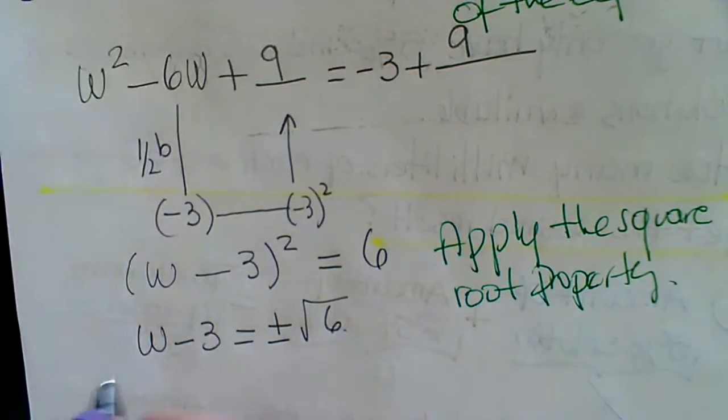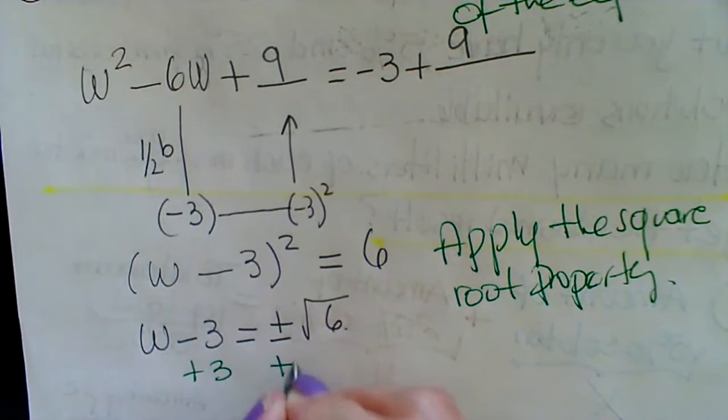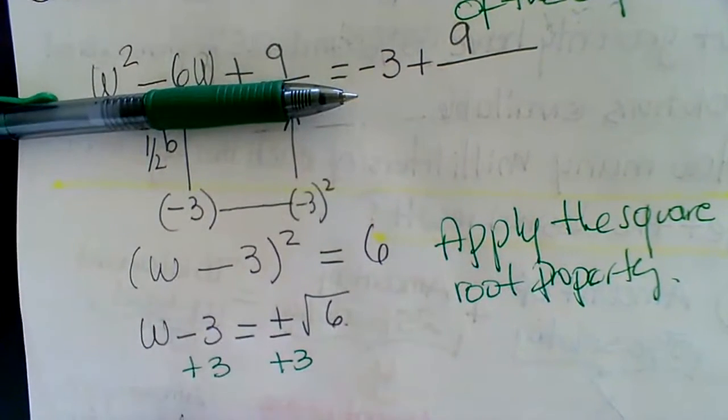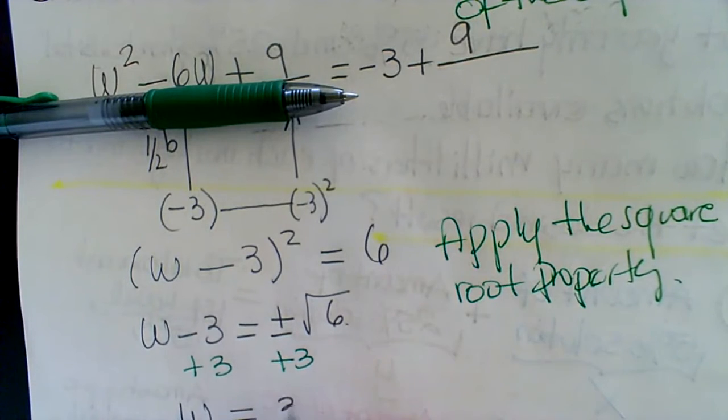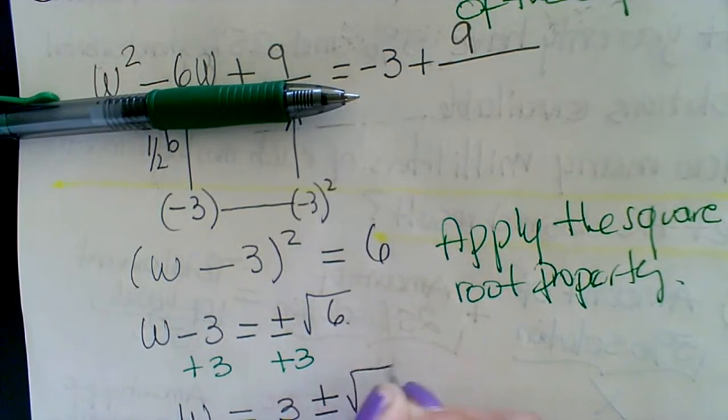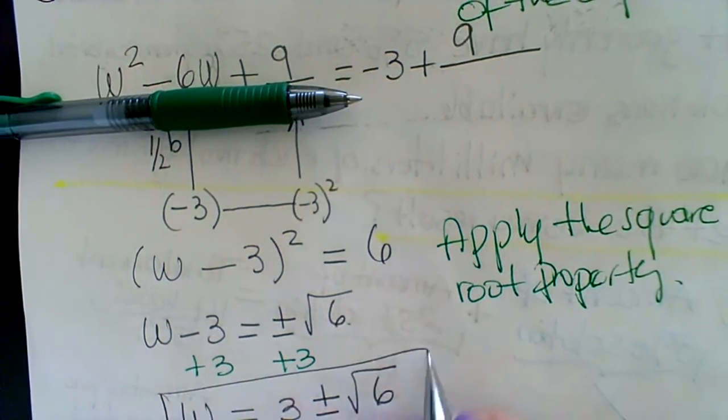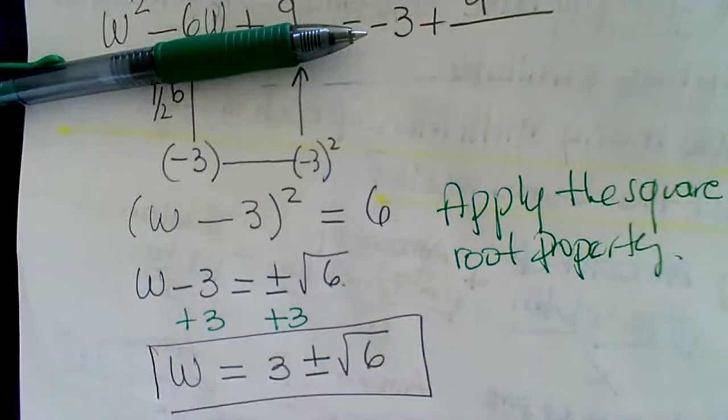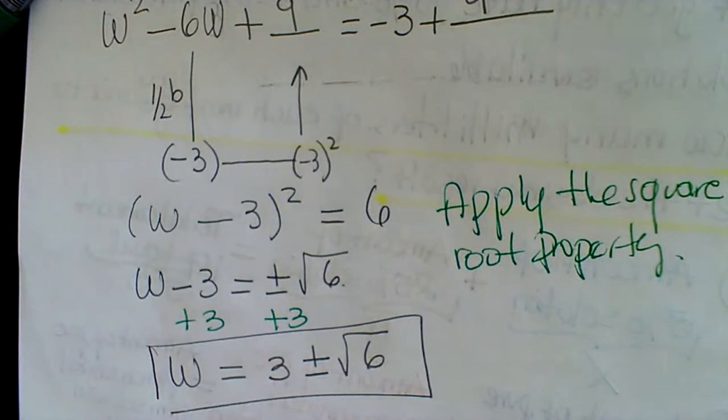I'm going to add 3 on both sides. And I get w is equal to 3 plus and minus the square root of 6. There's nothing else that I can do there. We have more that we could do, this one is a complex one.